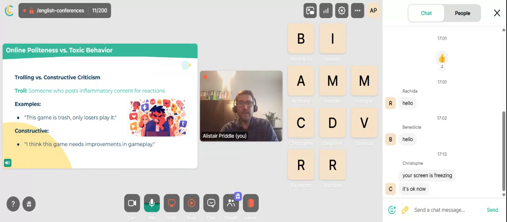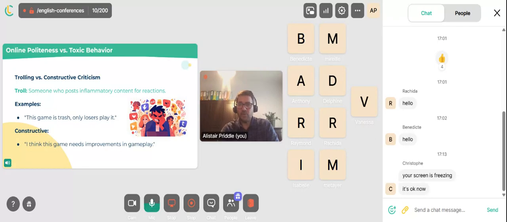Well, we're going to think a little bit about online politeness versus toxic behavior. Of course, the internet is home to a lot of toxic behavior, unfortunately. So we're going to think about trolling versus constructive criticism.